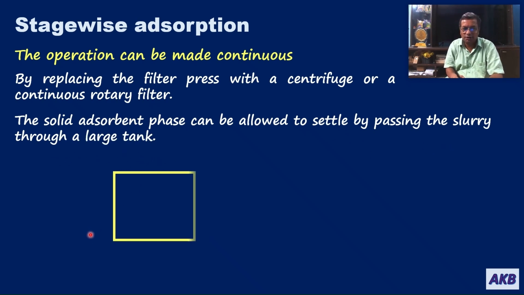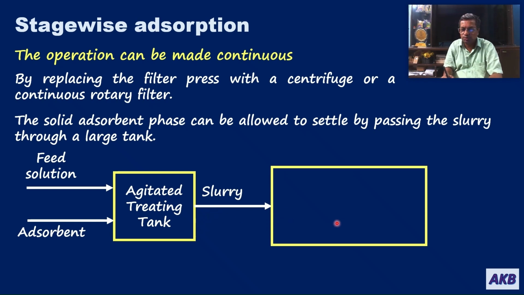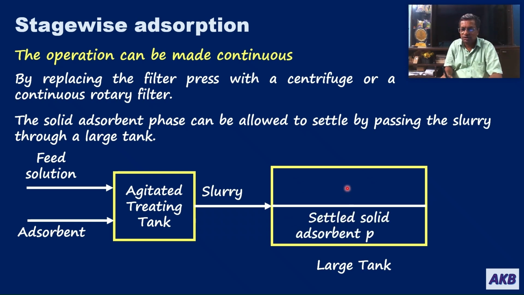The schematic diagram for this I am showing. So you have the agitated treating tank where you are mixing the feed solution with the adsorbent phase, and after intimate contact, the resulting slurry will be sent to a large tank where the solid adsorbent phase will be allowed to settle and the clear solution will remain on top of the settled solid adsorbent phase.